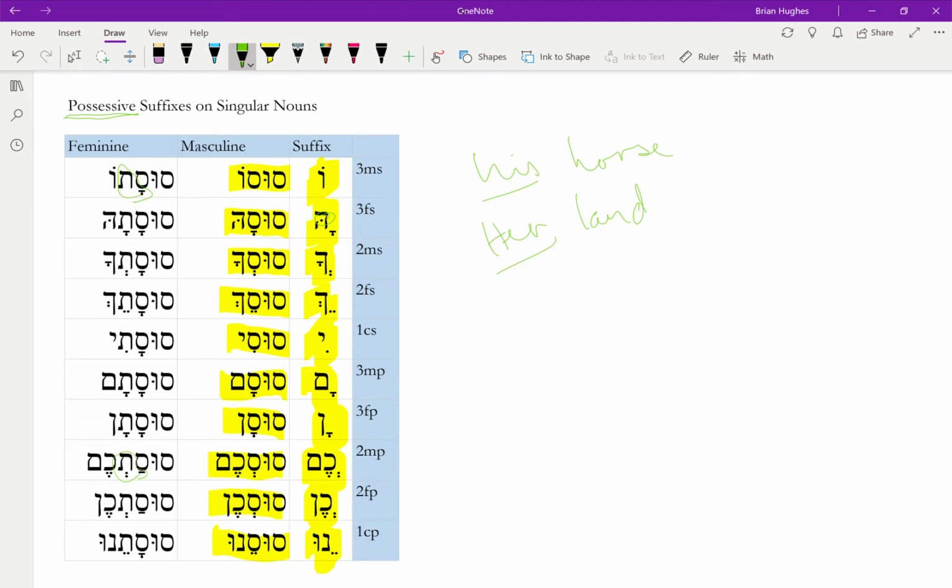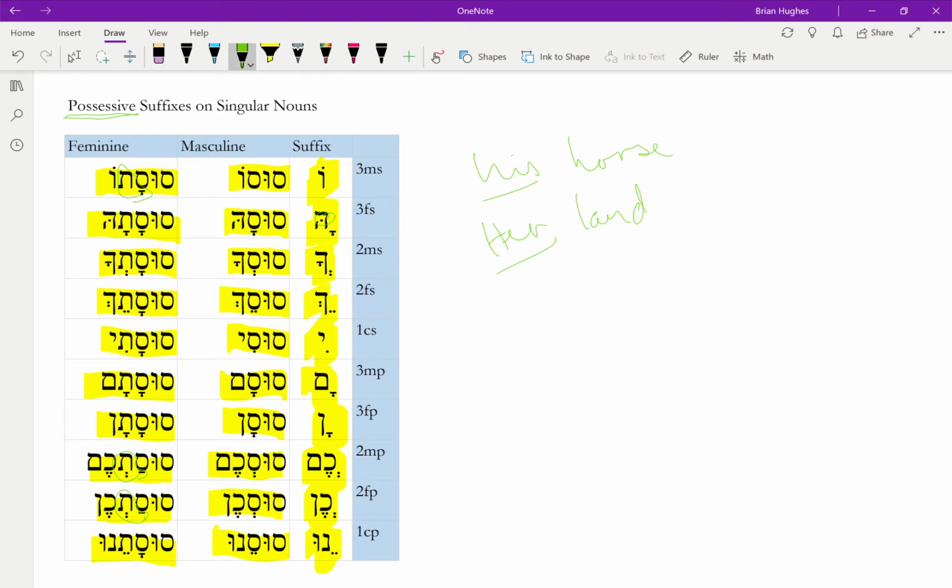With our feminine singular, we add this kamets tav for the most part. A few of these get patach tav endings, and this is related to how feminine singular nouns form the construct. So remember, a lot of times they will add that patach tav there. So we get susato, susatecha, susatech, susati, susatam, susatan, susatchem, susatchen, and susatenu here.